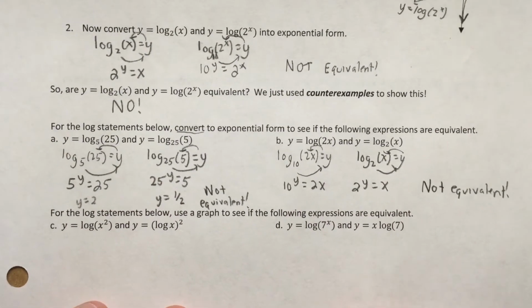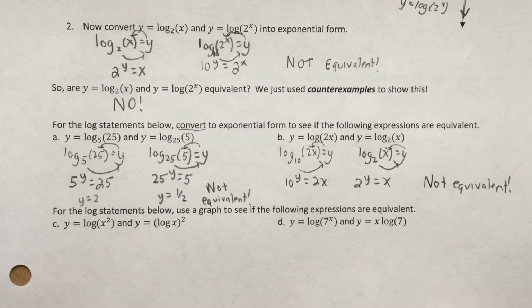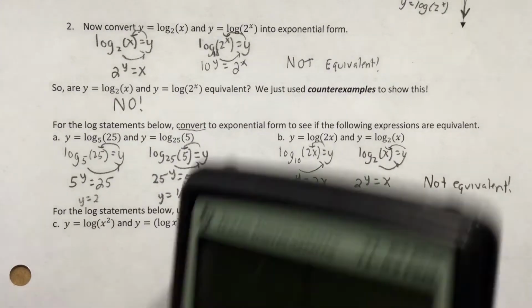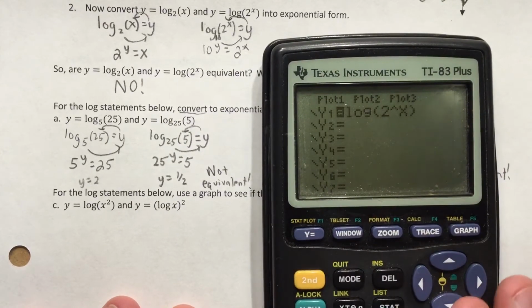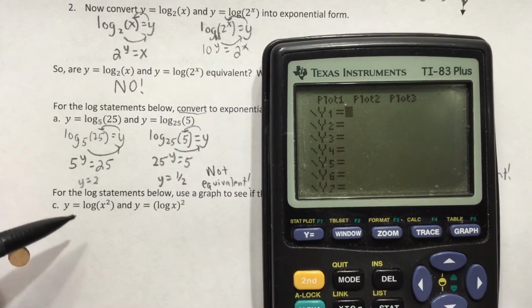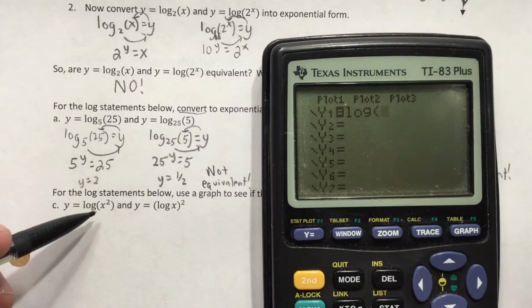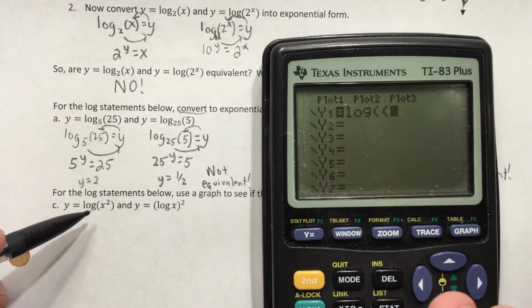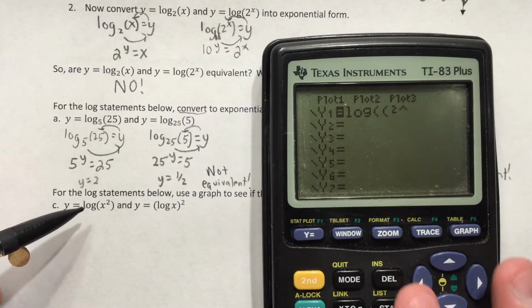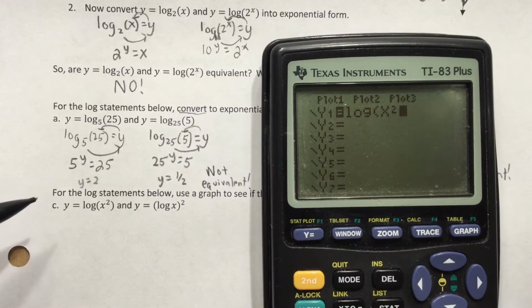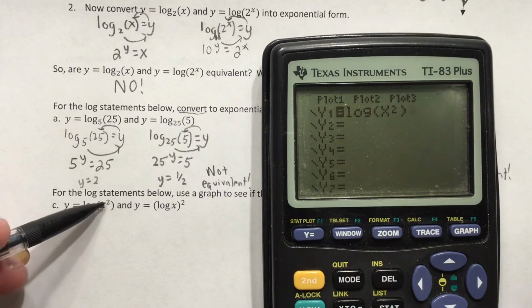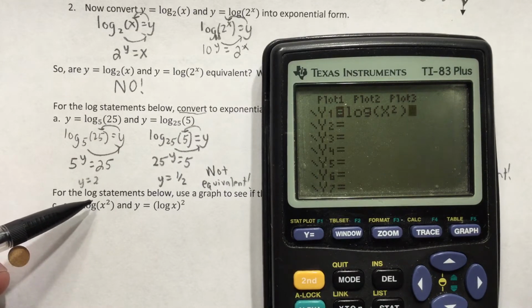All right, now we're going to use the graph to see if these other two work. So for our first one, we're doing log of x squared. And the x and the squared are inside the parentheses of the log.